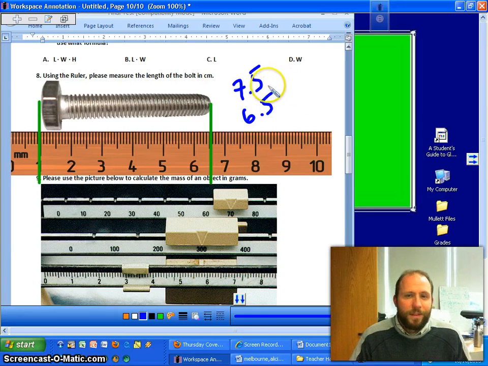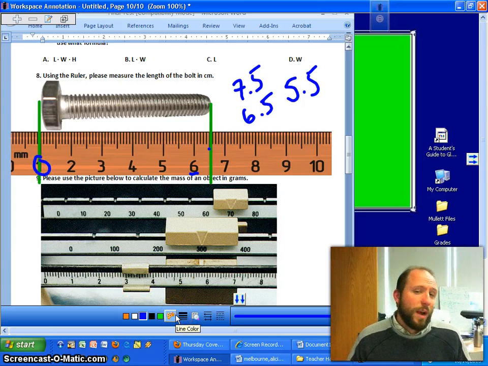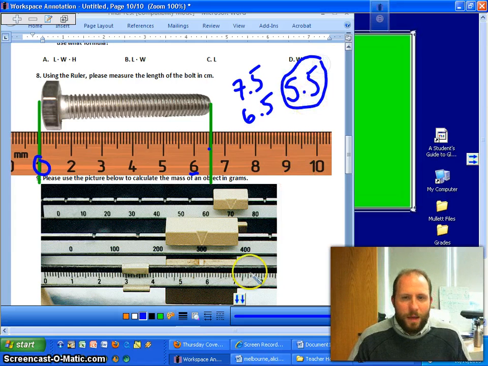Anybody? None of these. You got it. The correct answer is actually 5.5. It has to do with the fact that, yes, even though it's coming right here and I can see the 6, hopefully all of you are noticing, I did not start at the 0. I started at the 1, which means I need to subtract 1. So 6.5 minus 1, 5.5. There you go. Excellent job.